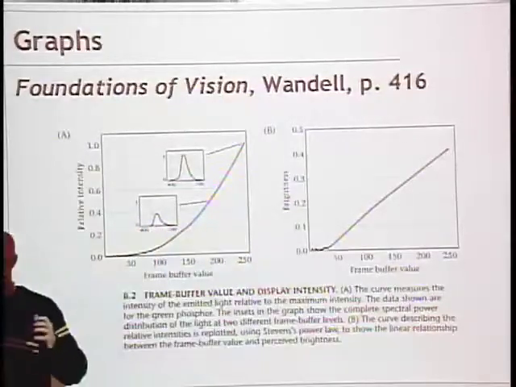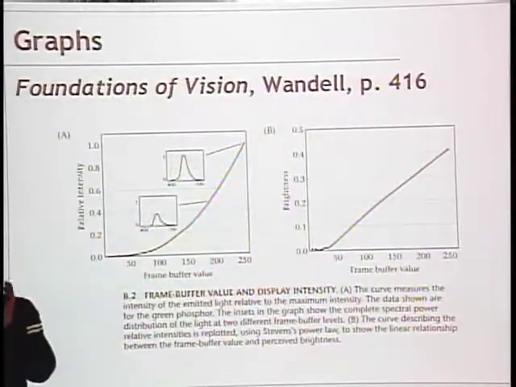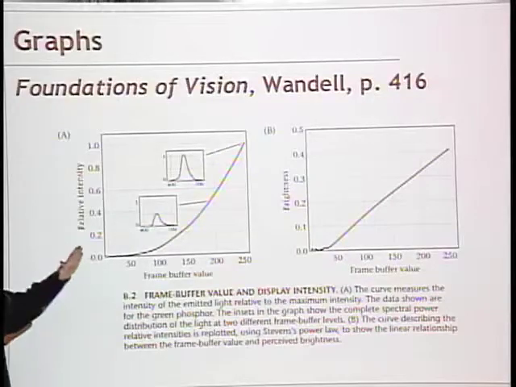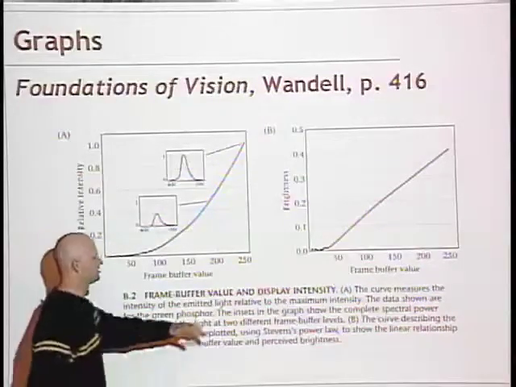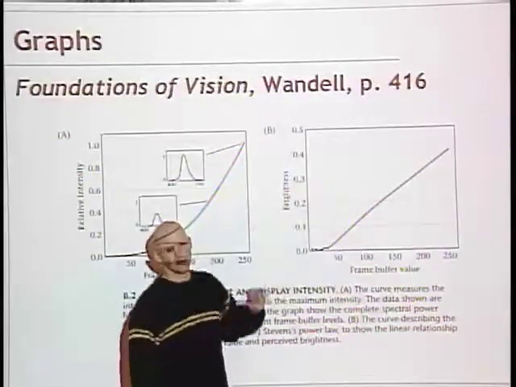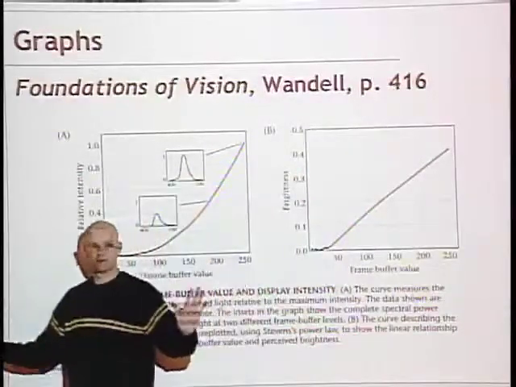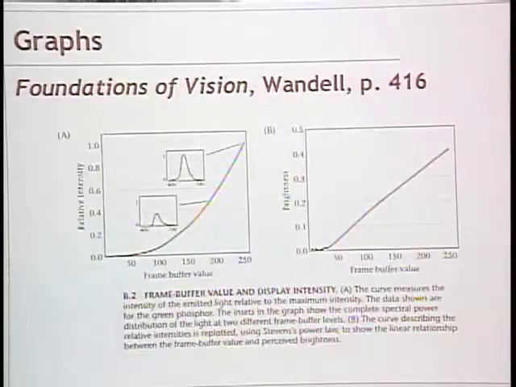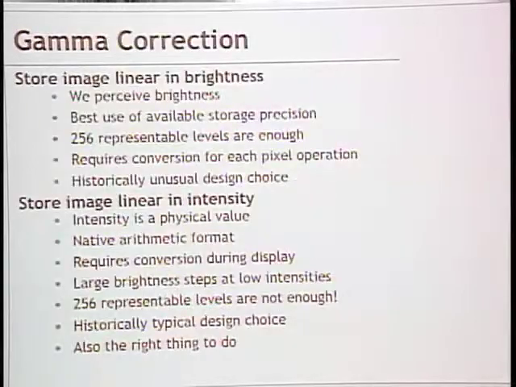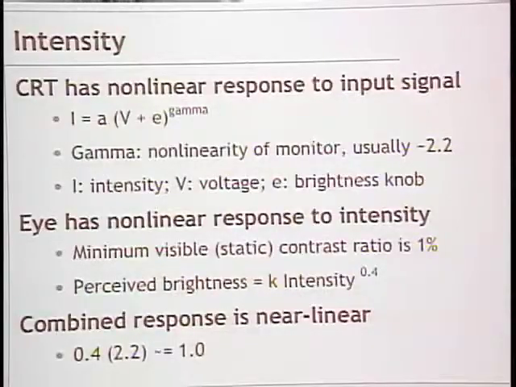These two horrible nonlinearities cancel each other out, and you get a nice linear curve between what you put in your frame buffer and how bright you perceive it to be. Everybody's really happy with this. So when we talk about gamma correction, we are actually talking about this gamma thing here. If you're able to control the gamma, that's called gamma correction, and you can change this gamma. What it's going to do is change this response curve here.